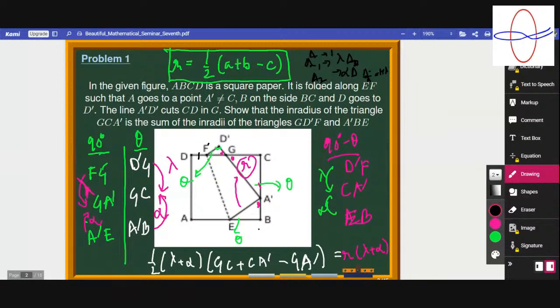You're right, Hemant. Yes, the sum of the lengths of the perimeters of the triangles is the length of the whole square. But how does that help? Does it actually help or not?